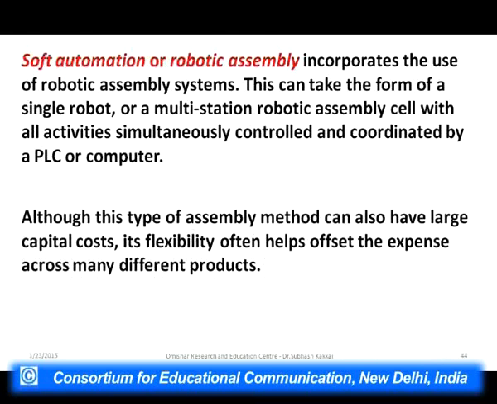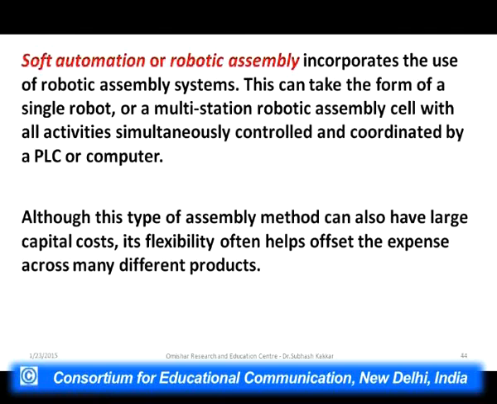Soft automation. Earlier we have discussed hard automation, now we will discuss soft automation or robotic assembly methods. Here robots are used to assemble the components, and this incorporates the use of a robotic assembly system.